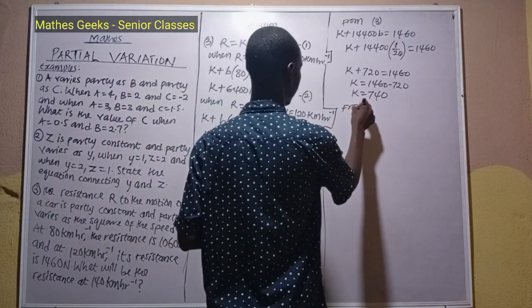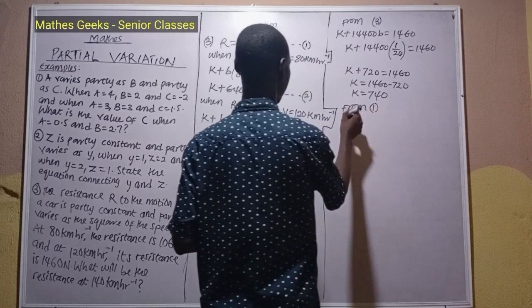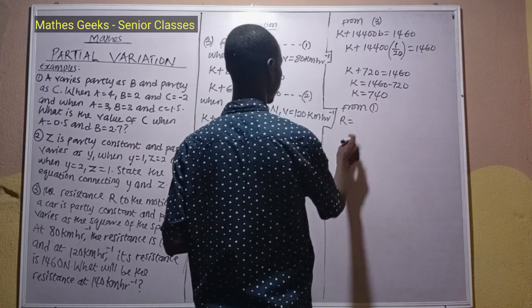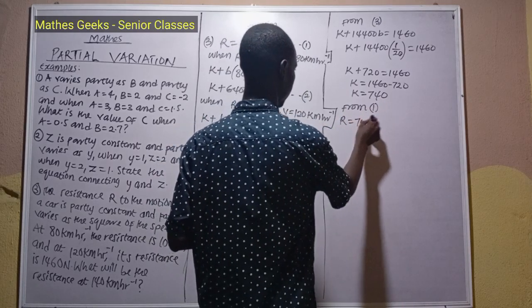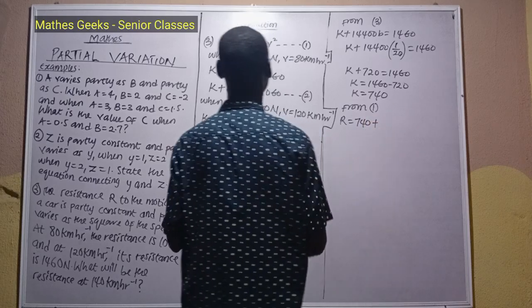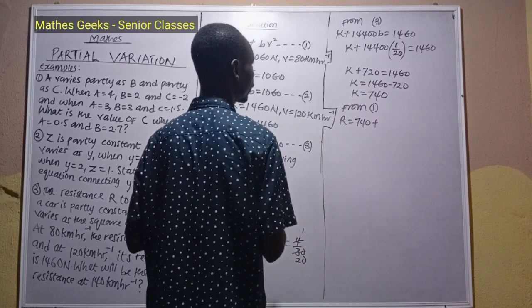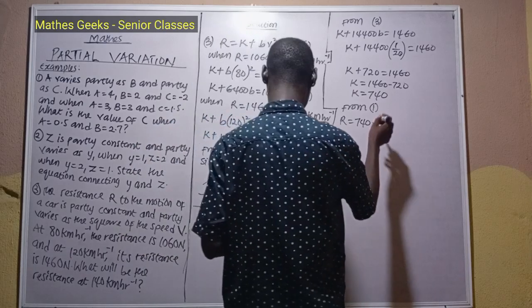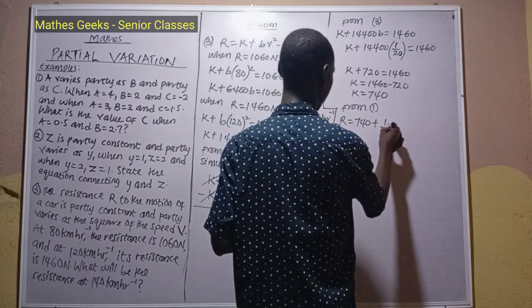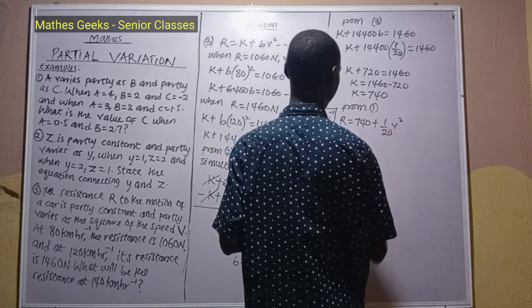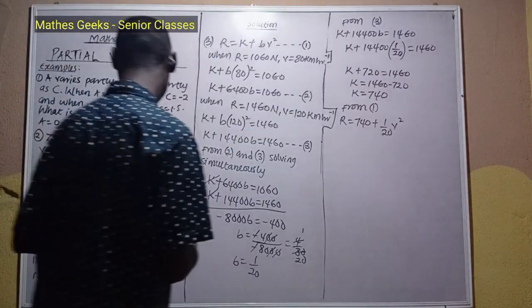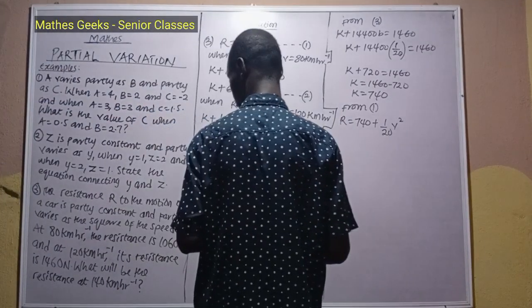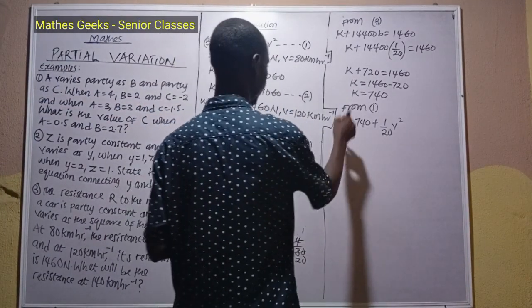So from equation 1, R is equal to 740 plus 1 over 20 V squared. What would be the resistance at 140 kilometers per hour?